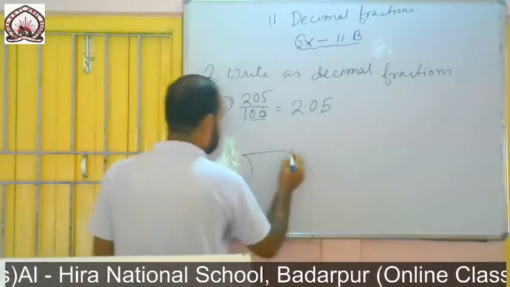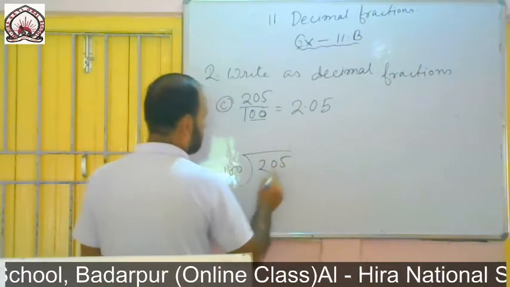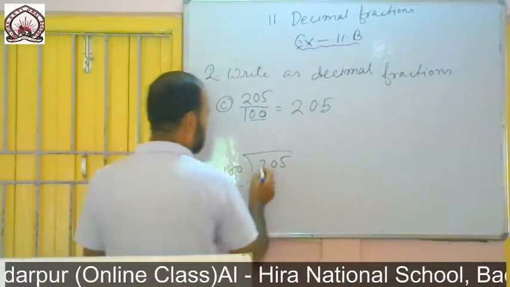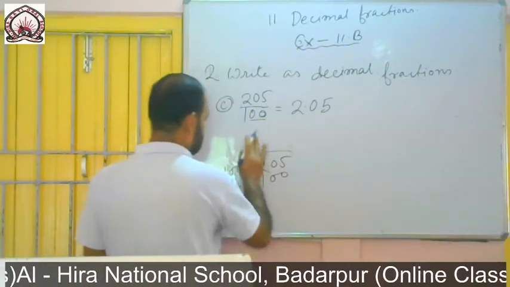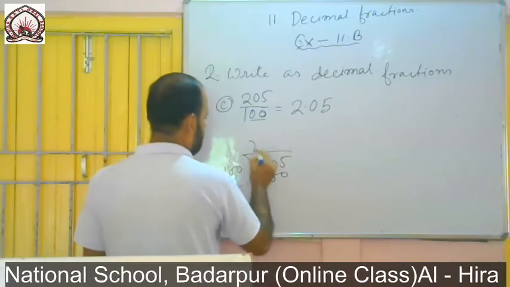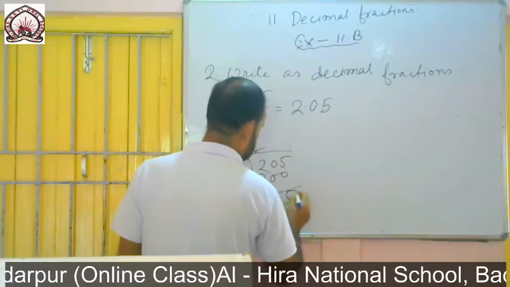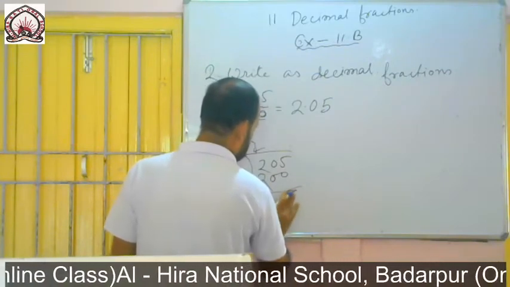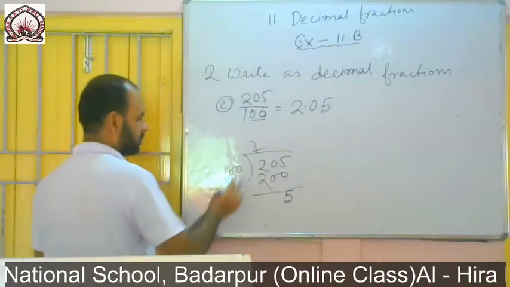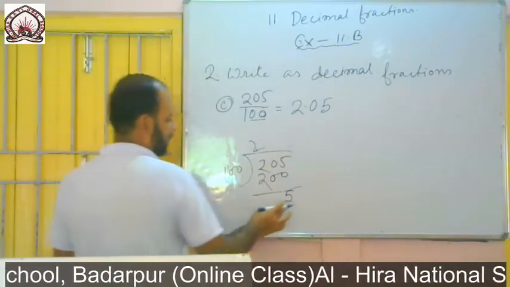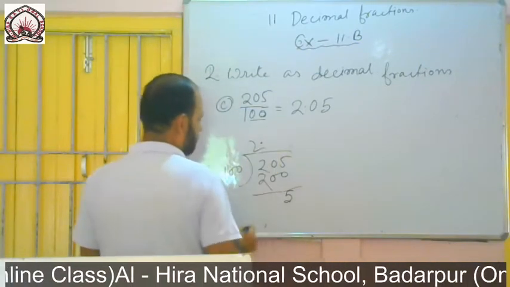And if we divide, then we get 205 by 100. 1 times 100 is 100, 2 times 100 is 200, remain 5. 100 does not go into 5, so we give a point and add a 0.